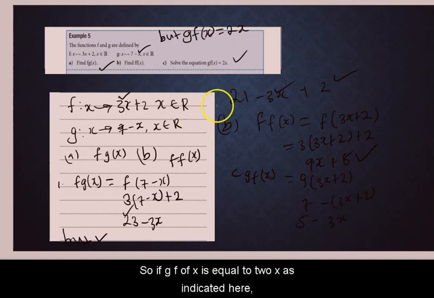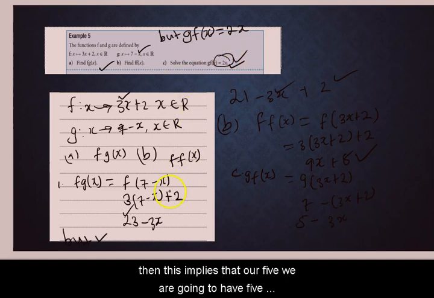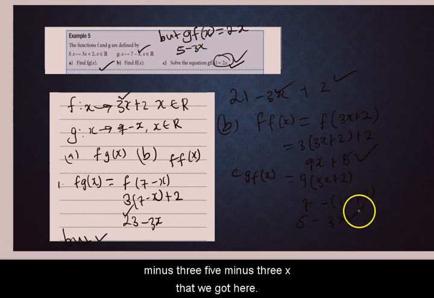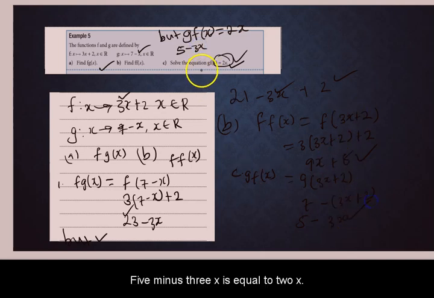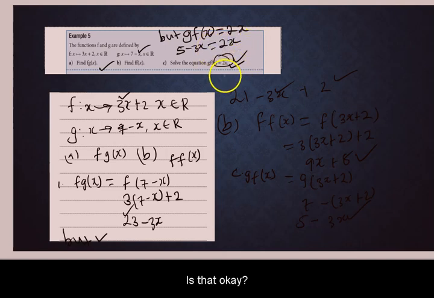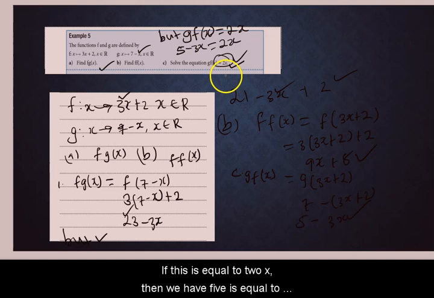So if g f of x is equal to 2x as indicated here, then this implies that the 5 minus 3x that we got here is equal to 2x.